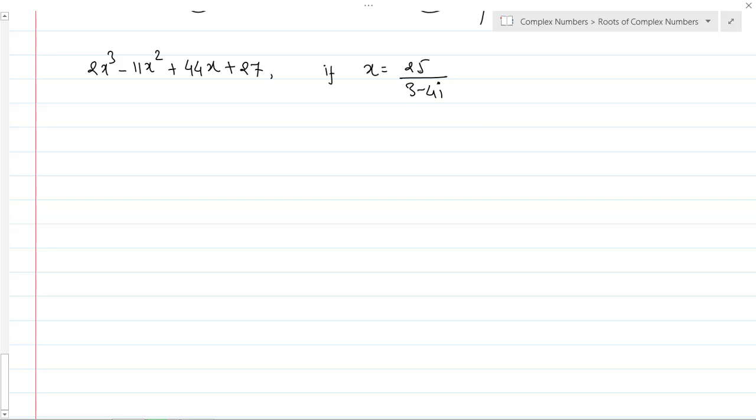I hope you remember our thumb rule says we don't want a complex number in the denominator. For that, multiply and divide by its conjugate, so it's 3 plus 4i divided by 3 plus 4i.